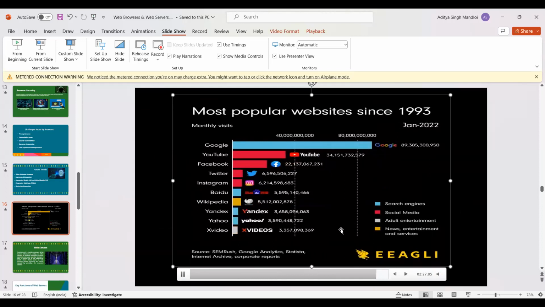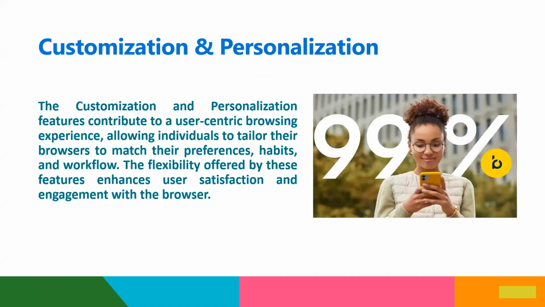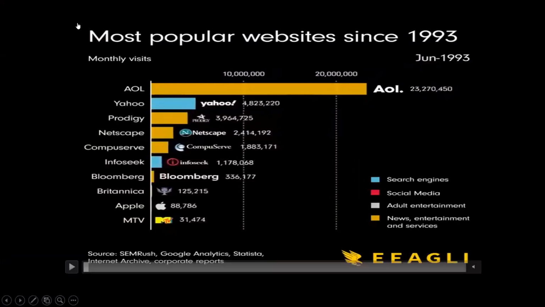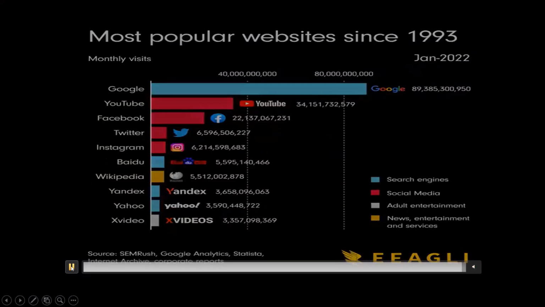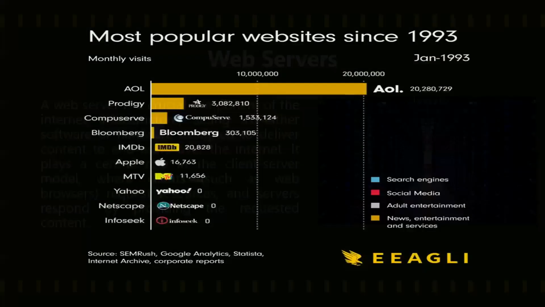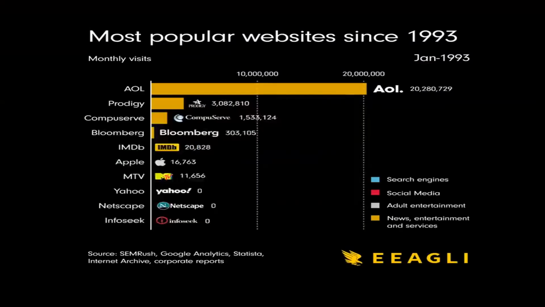By the end of this video, at the present moment, you will see that Google is the most popular website of all. So a web browser is the most popular one here.